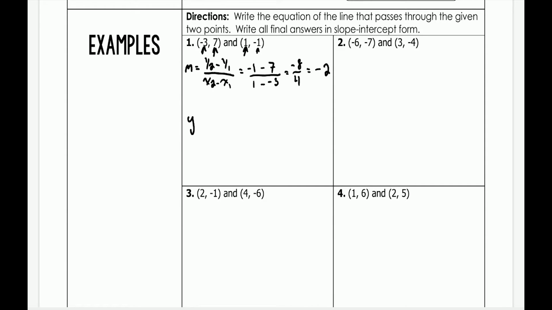So we have y minus y1, which was 7, is equal to m, which we found to be -2, times x minus x1, which was 1. Distribute the -2. Then for our next step, we're going to add 7 to both sides, and we have y is equal to -2x plus 9.